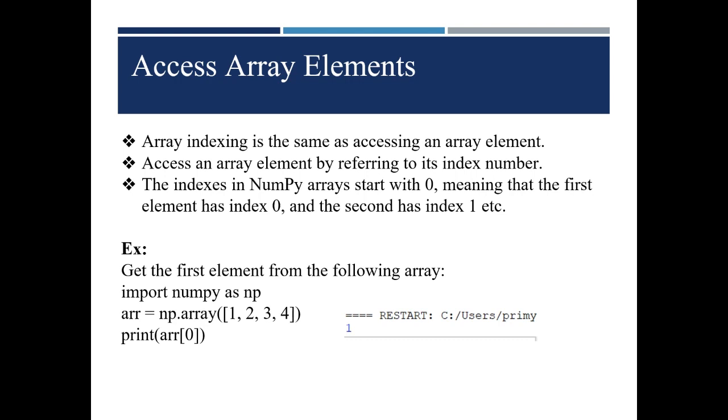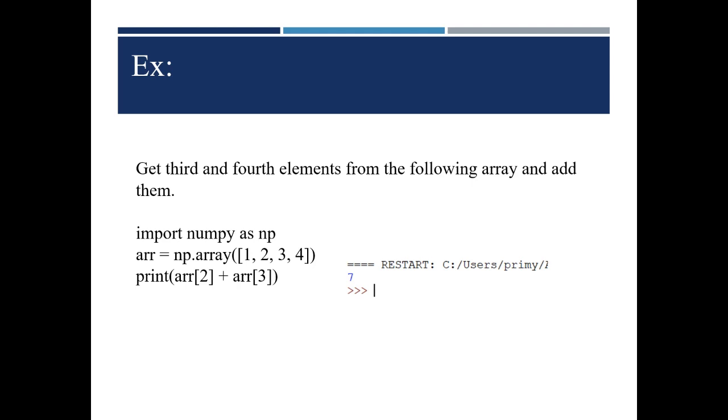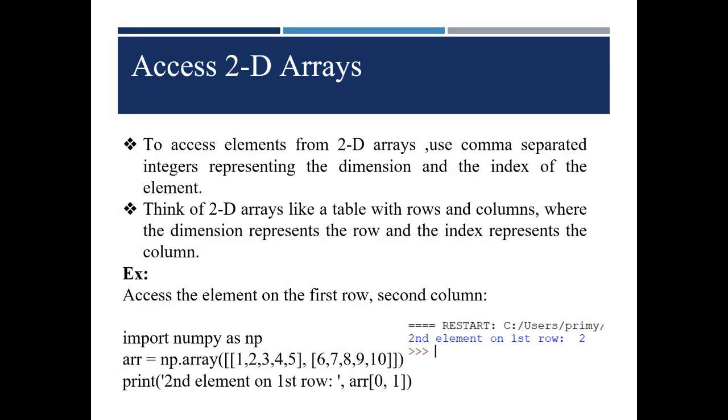So arr[0] will print the value 1. To get the sum of the third and fourth elements, print arr[2] + arr[3]. Here the third element is 3 and the fourth element is 4, so you will get 3 + 4 = 7.